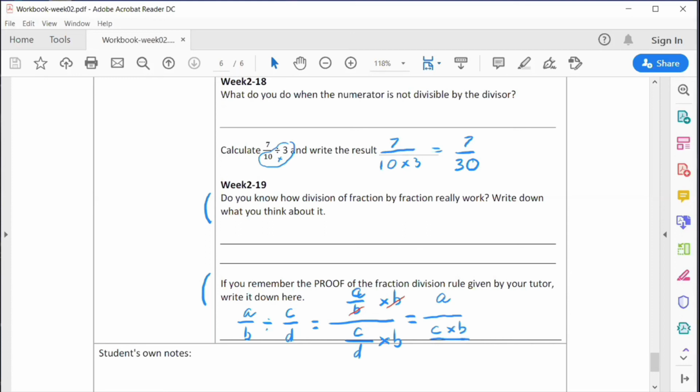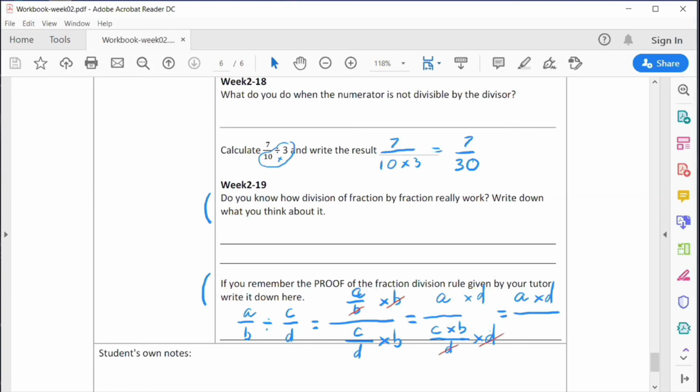Now I want to destroy the D. I really need to destroy the D. So I'm going to times both top and bottom with D. So I end up with A times with D at the top, and I destroy the D, cross out, cancel out.